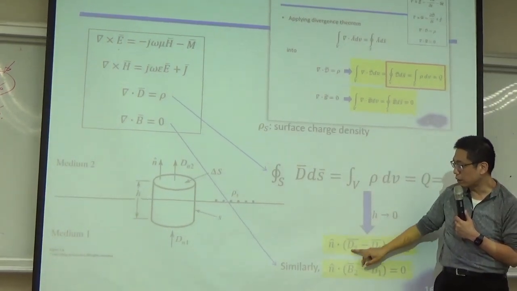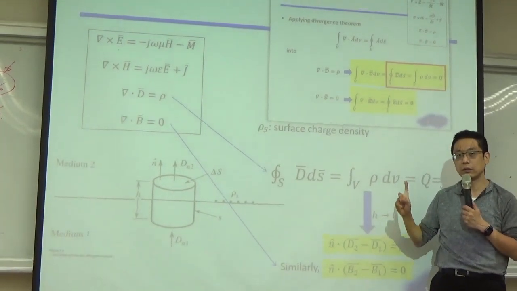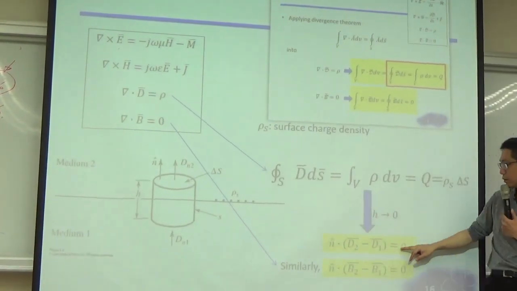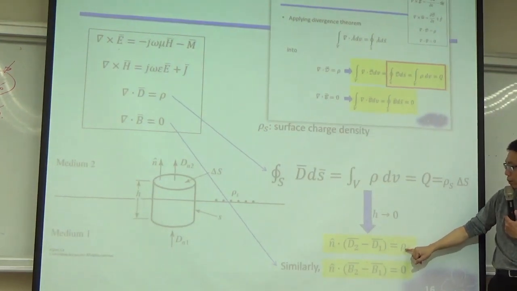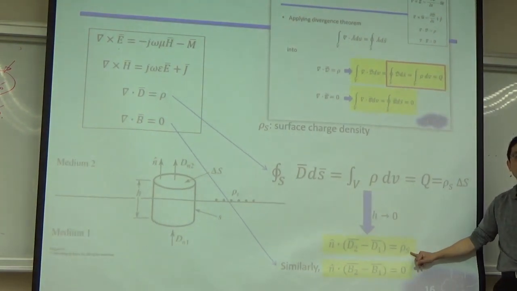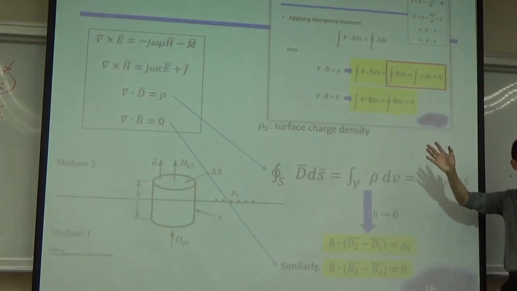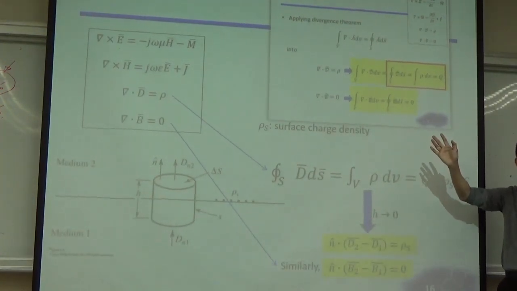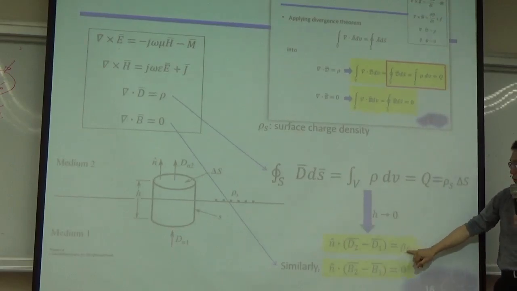So this one is all the directions of D dotted with the normal. So you got this one, and the result, why will it become eta? This is rho S, we call this rho S. Why do we have rho S here?